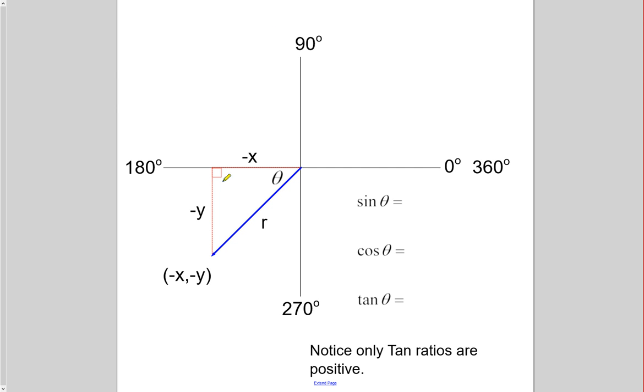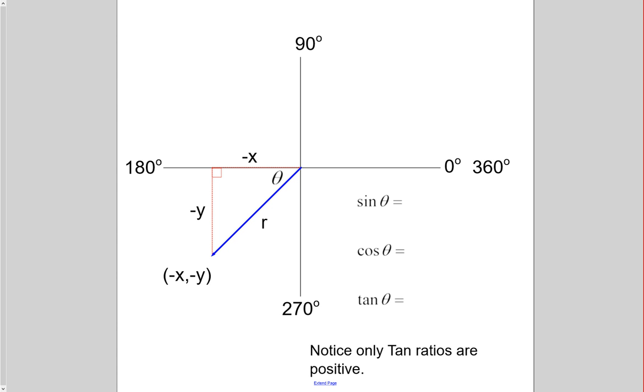I notice here that my y value is below the y-axis. So that means I'm going to have negative y values. My x is to the left of the origin here, so my x values are going to be negative. So both of those are going to be negative if I plug in those values when we're dealing with the graph.